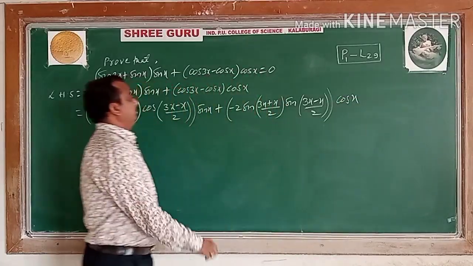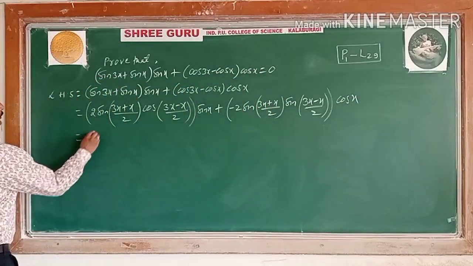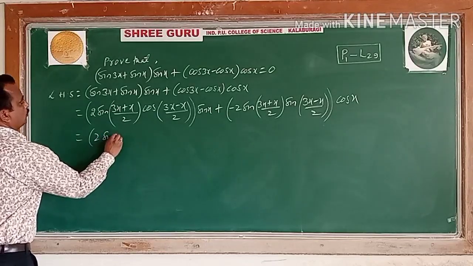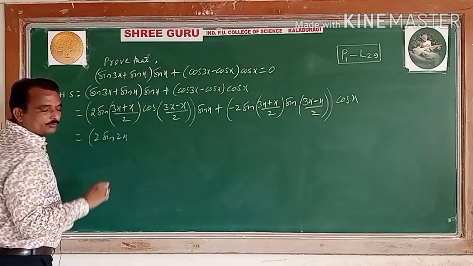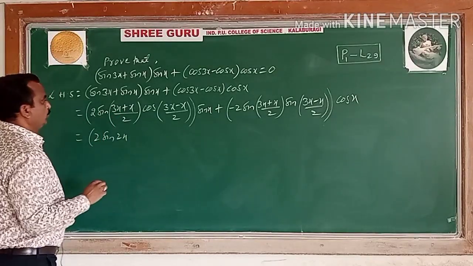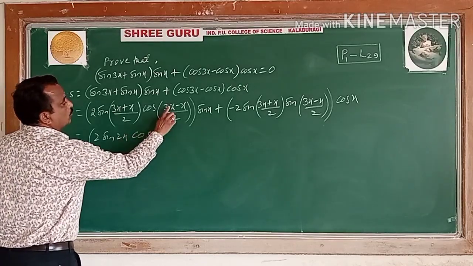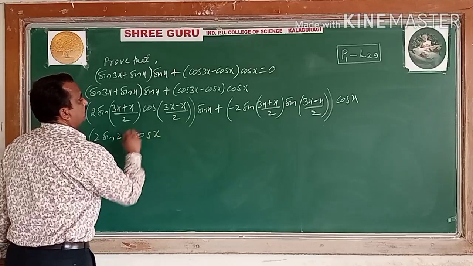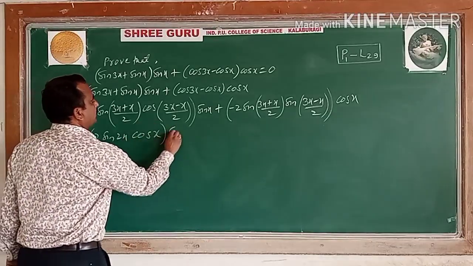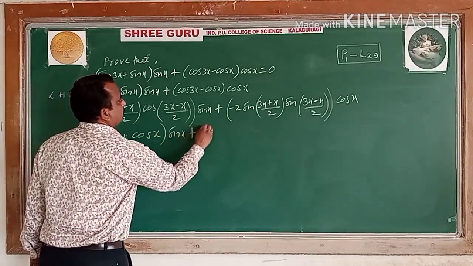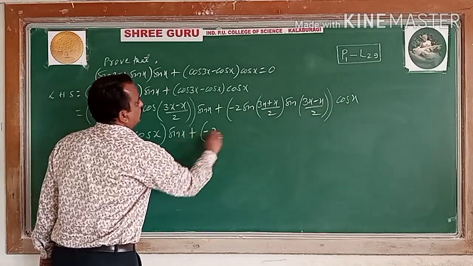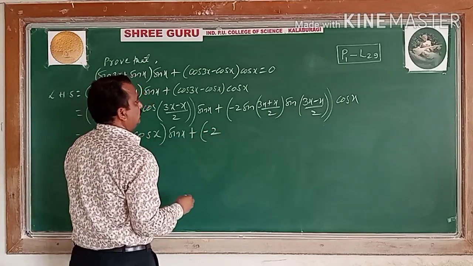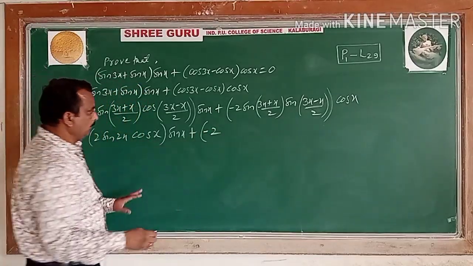Simplify here, students: 2 sin of (3x plus x), 4x by 2, 2x it is, into cos of (3x minus x), 2x by 2, x it is, into the bracket sin x, plus minus of 2. The plus minus sign remains as it is.